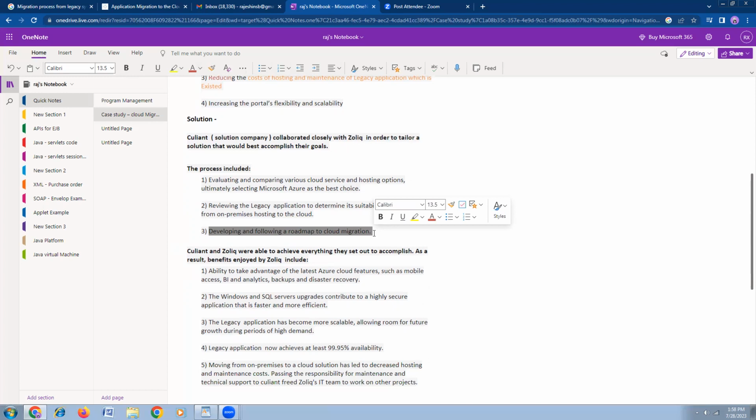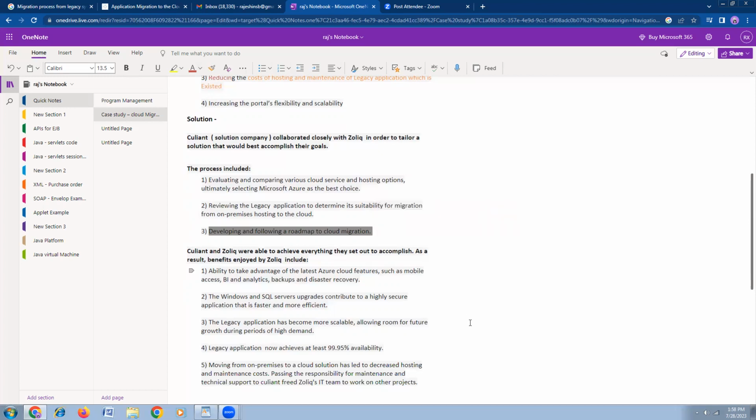So that looks very confused, clumsy. So when there is a migration towards a cloud environment, a roadmap has to be created, which they identified. So this is generally the process included based on the interaction we had with the customer. A solution company has identified this process.